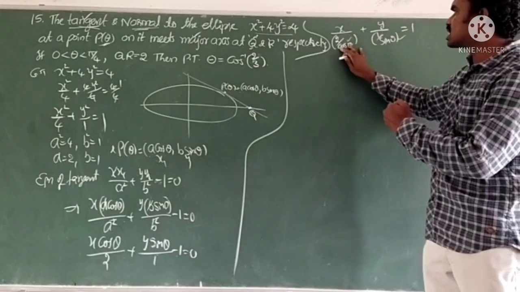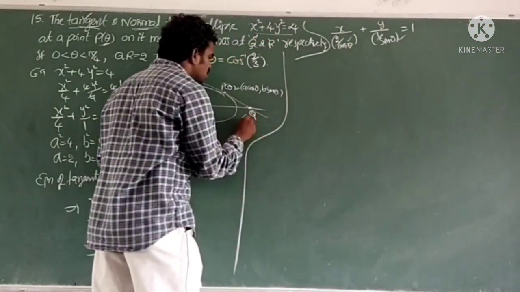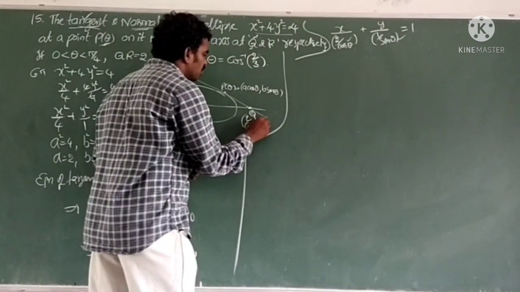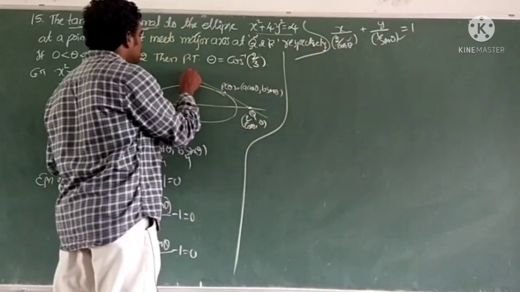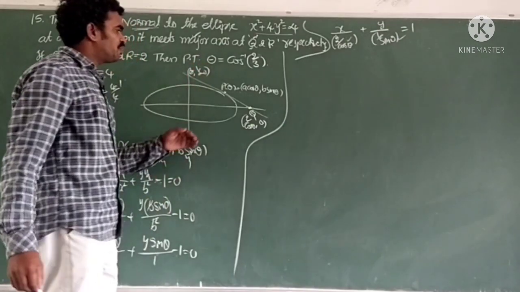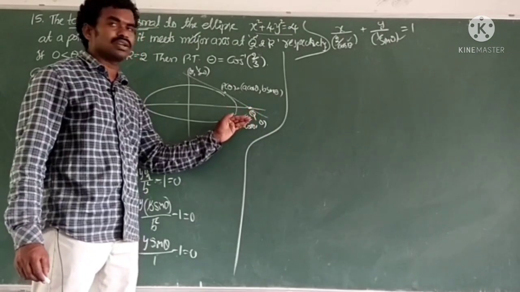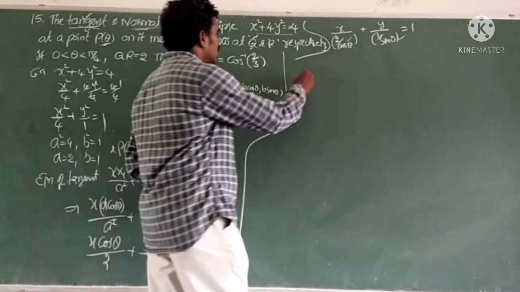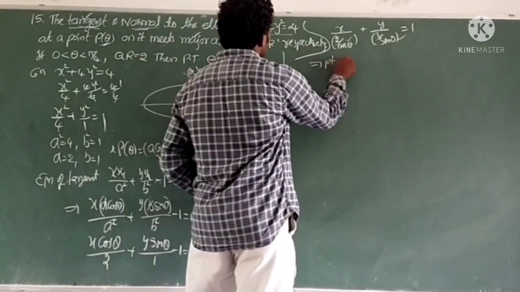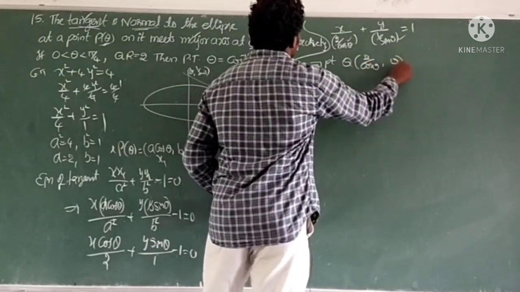So on the x axis this point becomes 2 by cos theta comma 0, and that 1 by sin theta becomes 0 comma 1 by sin theta. So mostly what is point Q that we want, and that is found. So point Q becomes 2 by cos theta comma 0.